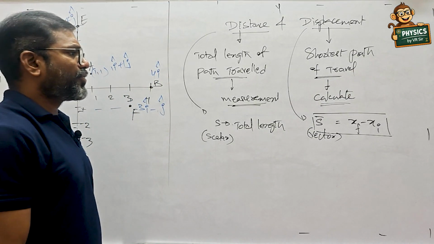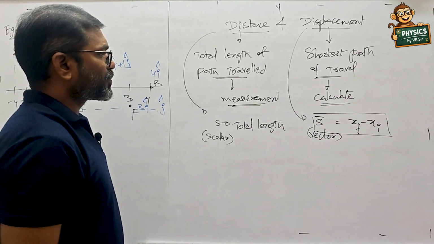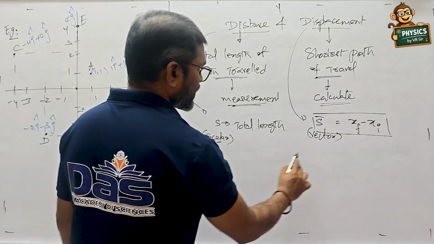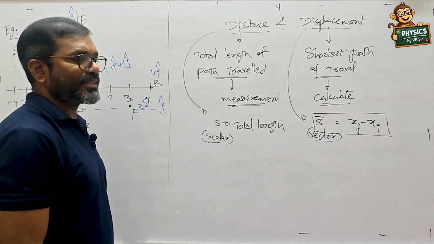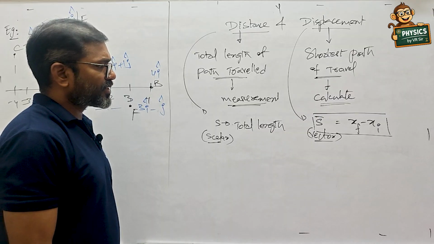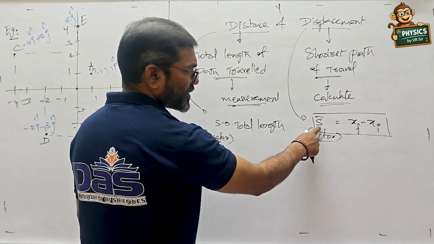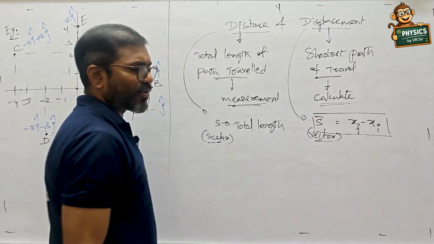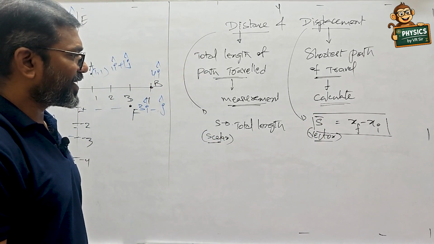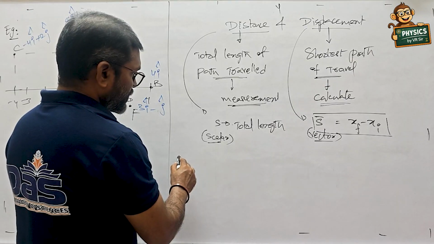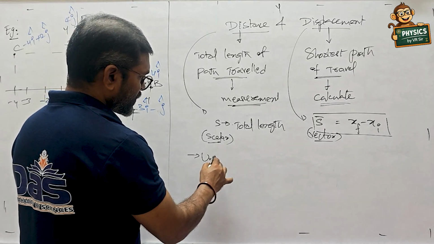Yeah. If you observe the differences between the distance and displacement, first one is, distance is a scalar and the displacement is a vector. Scalars are always represented with simple letters and the vectors are represented with a bold letter and a bar on top. Okay, yeah. Now, what is the unit of this?